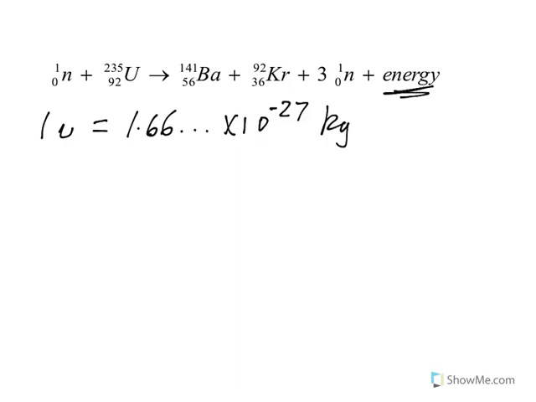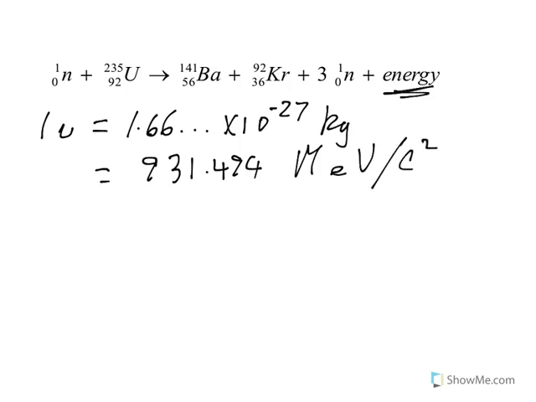Alright, so that saves us having to worry about, if we're talking atomic mass units, worrying about extremely small numbers with powers of 10. There is an equivalence for mega electron volts and the speed of light, and that equivalence is 931.494 mega electron volts per speed of light squared.